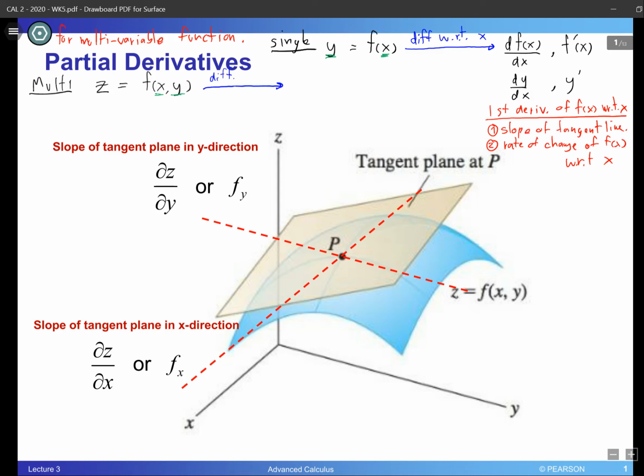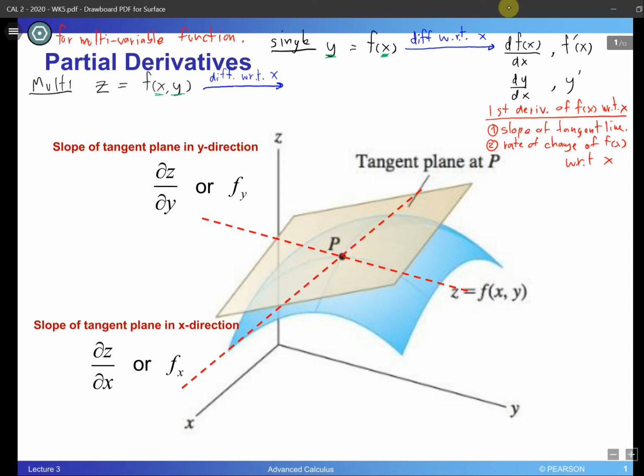There we only have one, so we don't need to make a choice. But now we have two, so we have to choose one. And I'm going to choose x first, with respect to x. So here I'm going to get the first derivative of this function, and for partial derivatives we are going to use this curvy d.